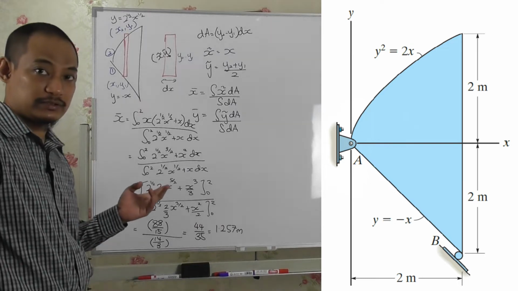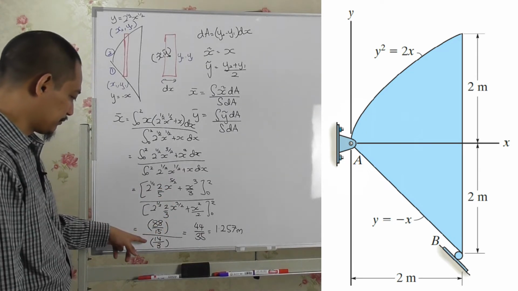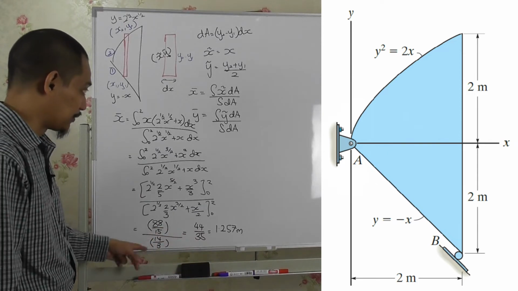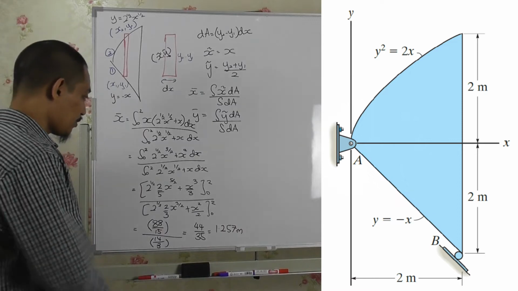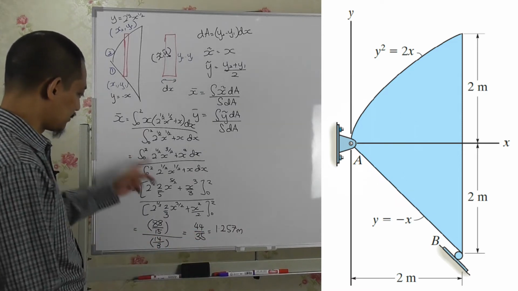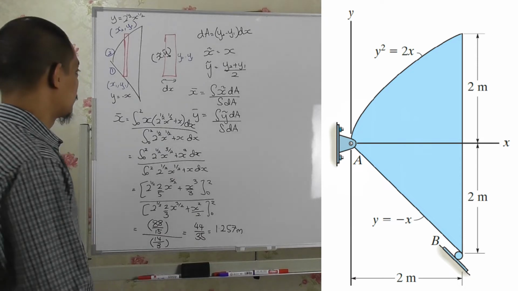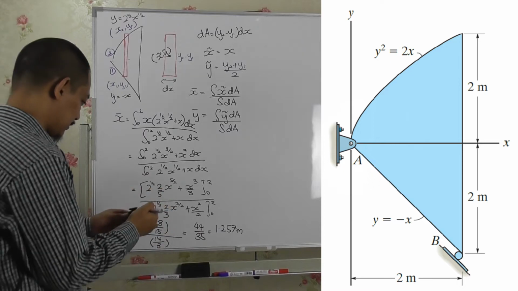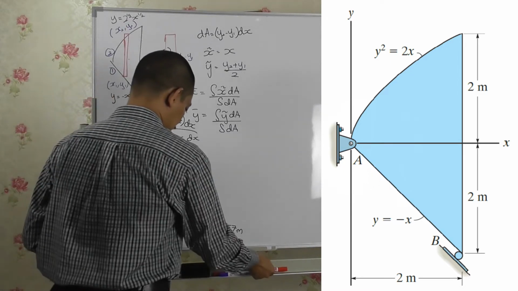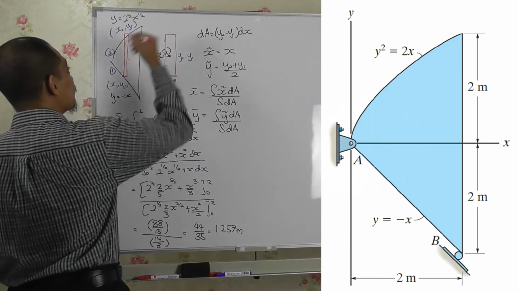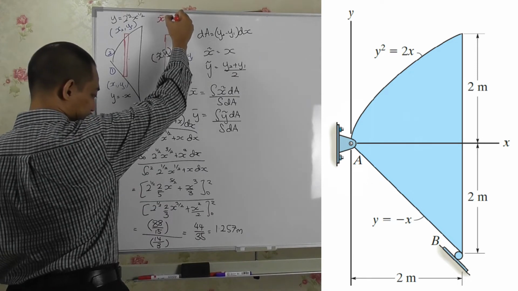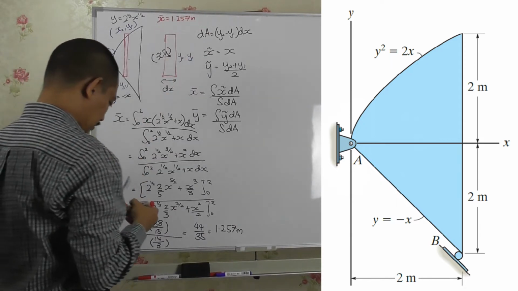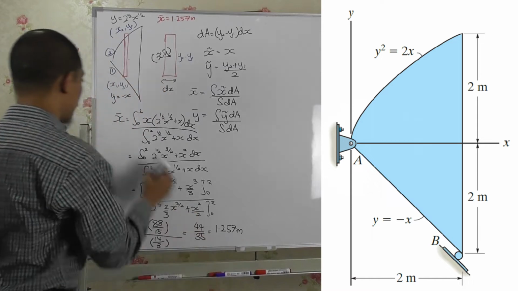Of course, if you have covered this chapter, there's a reason why I prefer to keep this number until the end before dividing, because it's easier to use for another calculation afterwards. So x bar you get 1.257 meter. That's the coordinate you want to find there. I will write it somewhere because I have to erase this one. So x bar is 1.257 meter. Alright, calculating for y bar.